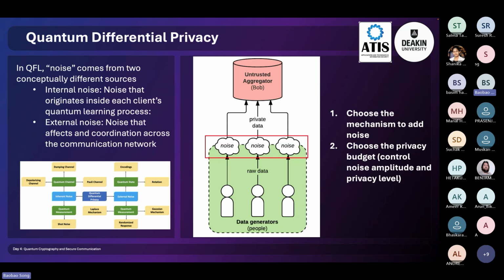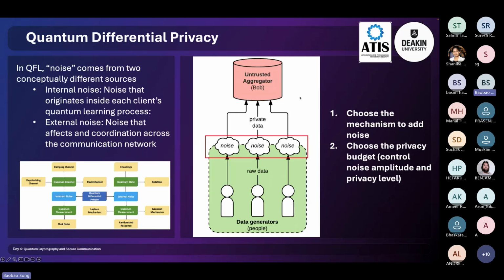In most research papers, the privacy budget is set from 0 to 1, and the lower the privacy budget, the more noise we add and the higher the privacy protection level we provide. So the first thing is to choose which mechanism to use to add noise, and the second is to choose the level of protection, based on the privacy budget value.